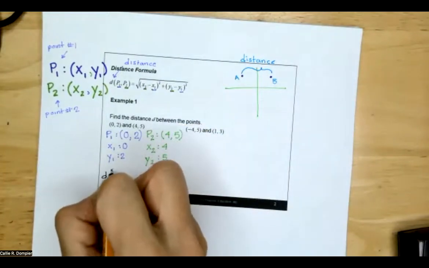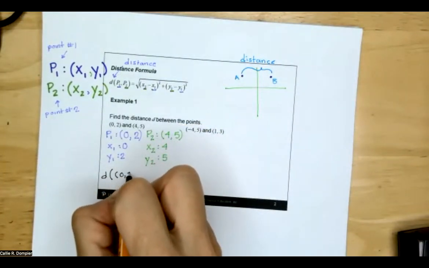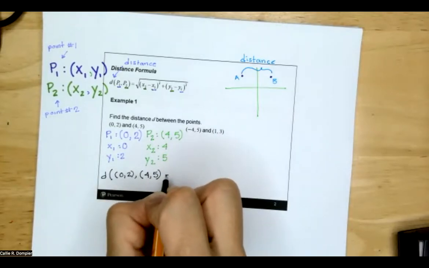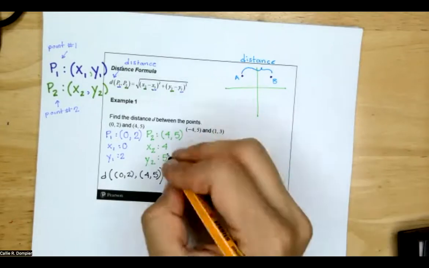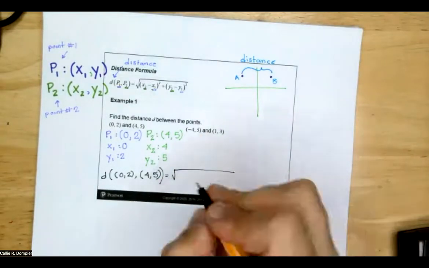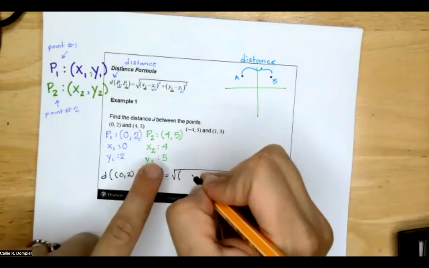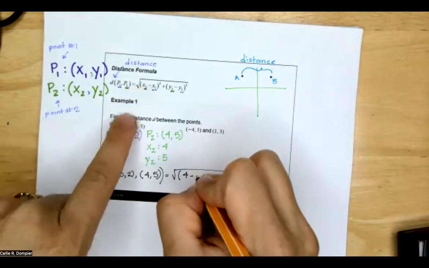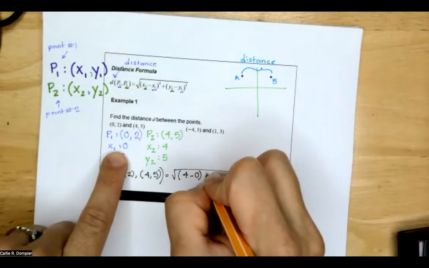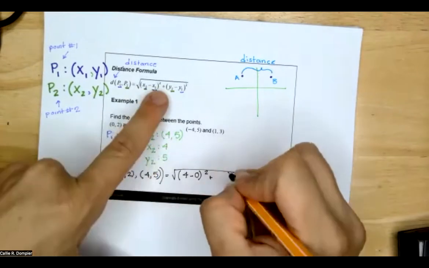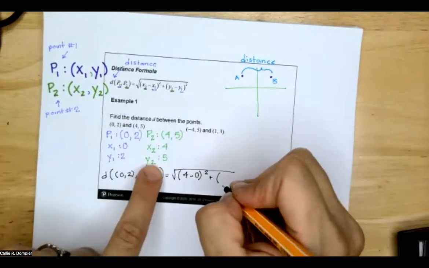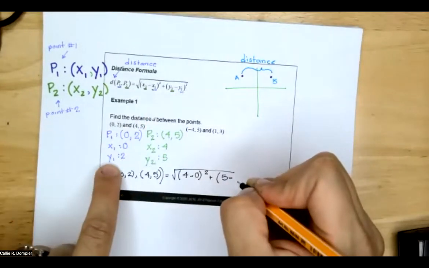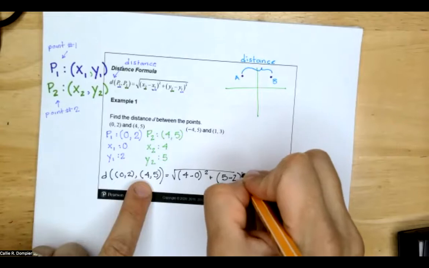The distance between (0, 2) and (4, 5) is the square root of X sub 2, which is 4, minus X sub 1, which is 0, squared, plus Y sub 2, which is 5, minus Y sub 1, which is 2, squared.